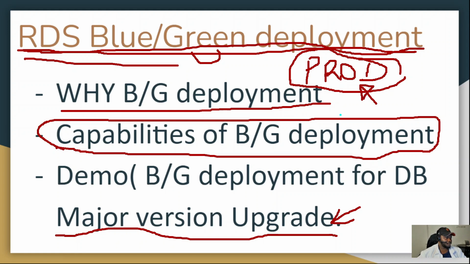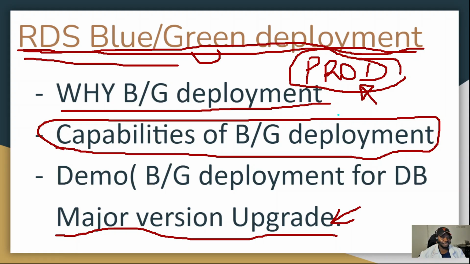At this juncture, we have two conflicting issues to handle. One, maintain the production database so it keeps functioning, and secondly, we are also obliged to do the upgrade or the changes. So blue-green deployment comes in to work that out.